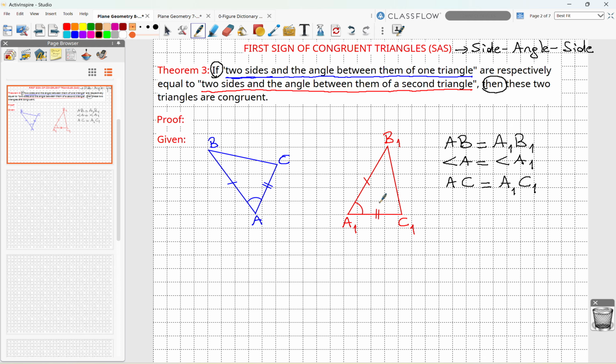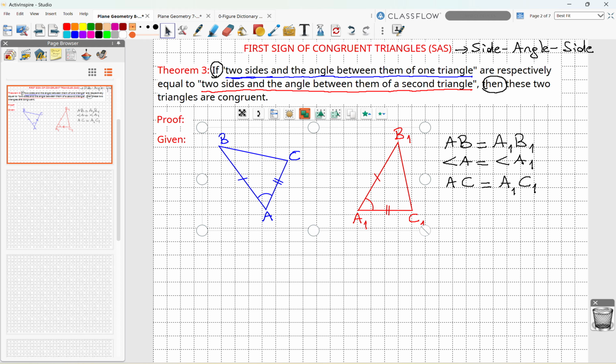What I will do is put the second triangle, for example, onto the first one, and check if their sides, angles, and vertices perfectly overlap in pairs. So let's do it. I'm taking my second triangle. Sorry, these two triangles are grouped all together.